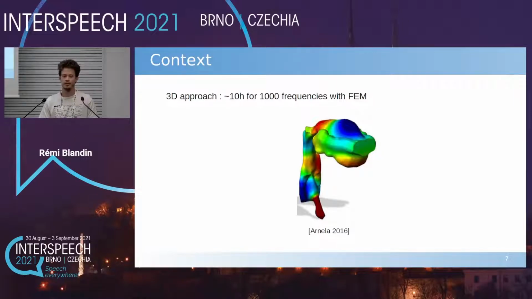So this kind of problem involves a lot of degrees of freedom. And if you want to obtain a given accuracy with your own laptop, you may be limited because your memory doesn't allow you to solve the problem with as many degrees of freedom as you would like.